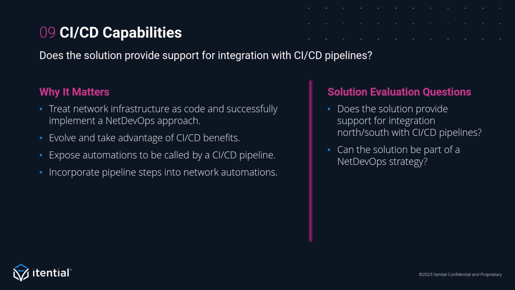The more that I can do that means a simpler path towards integrating my automation solution with an existing pipeline, or in creating a new pipeline based around my automation solution. And so once I do that, then I can start to introduce more automated testing in a very reproducible, very scalable, very consistent fashion, as opposed to, I'm going to test it when I do my deployment on production, right?